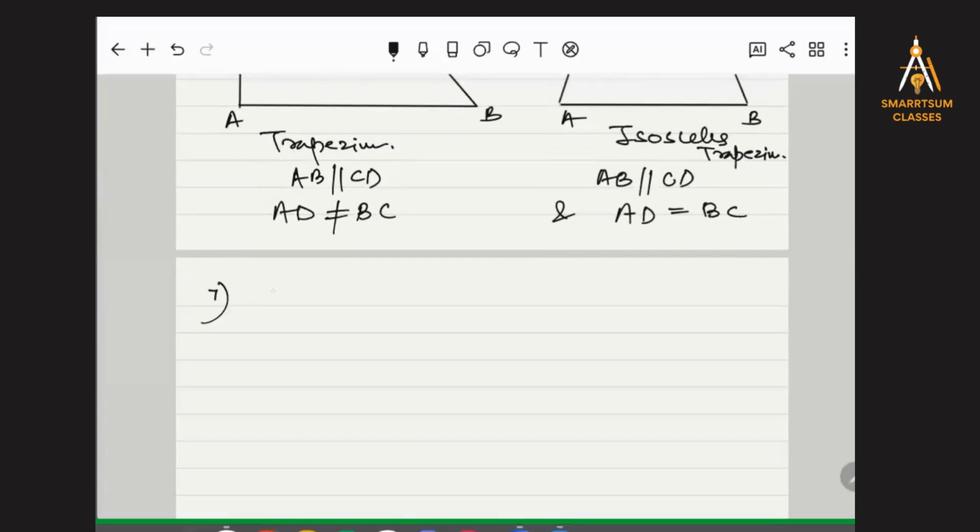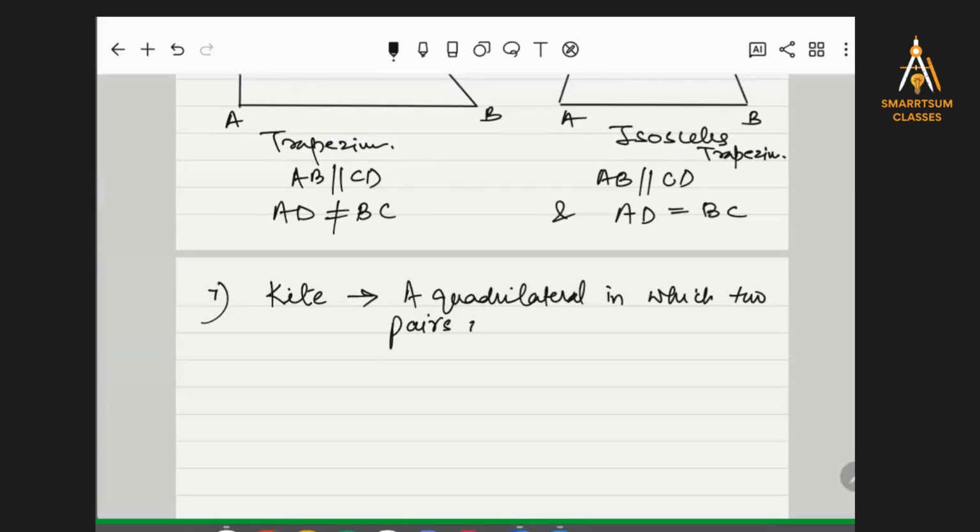Now the next quadrilateral we have is kite. Now what is a kite? A quadrilateral in which two pairs of adjacent sides are equal.